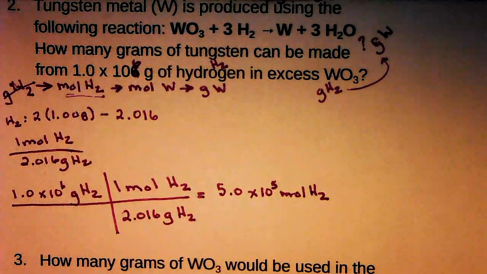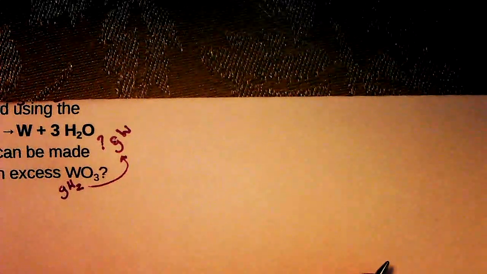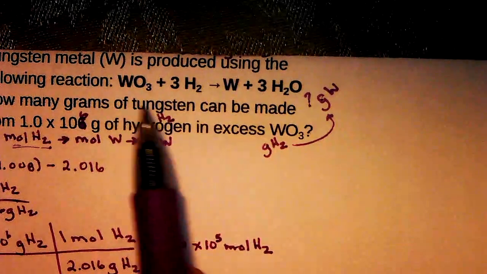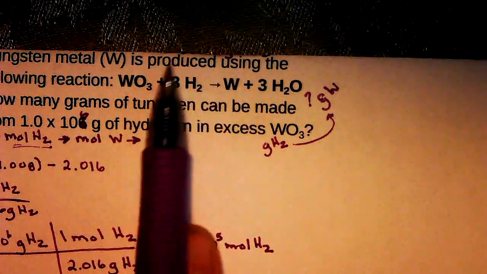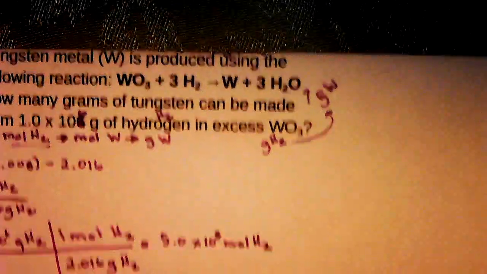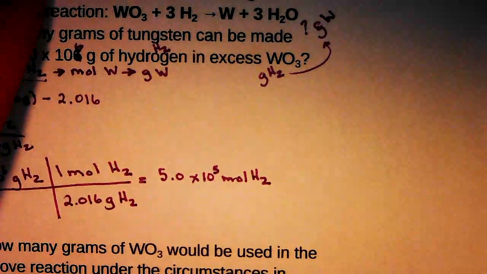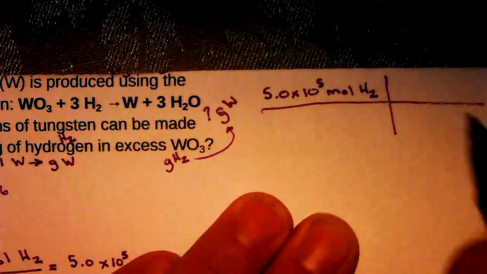Now we need to get to moles of tungsten. We know that because our chemical reaction is balanced, for every 3 moles of hydrogen that you have, you will get 1 mole of tungsten. So I can relate the moles of hydrogen I just got to moles of tungsten. I've got my 5 times 10 to the 5th moles of H2. I'm going to do my nice little bracket, helps me keep things clean.